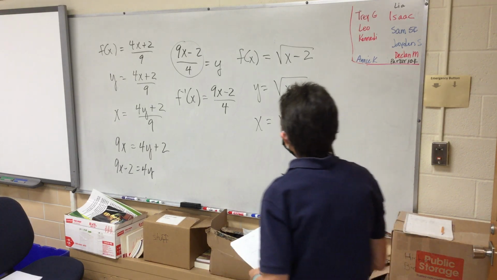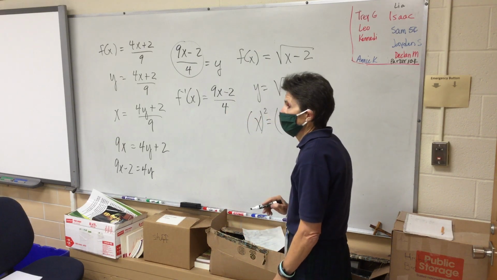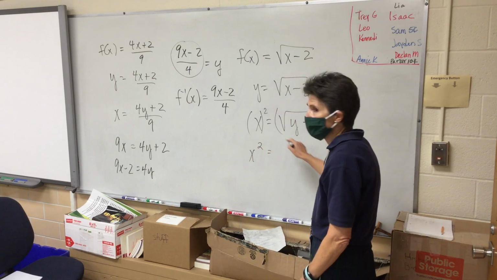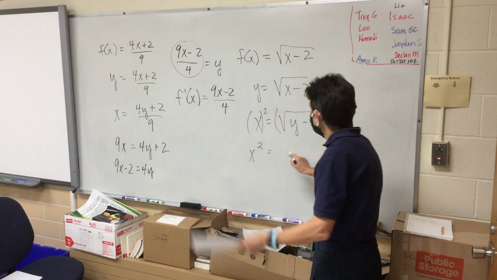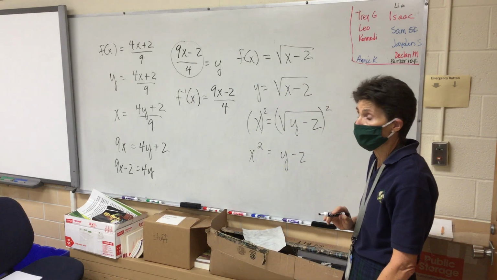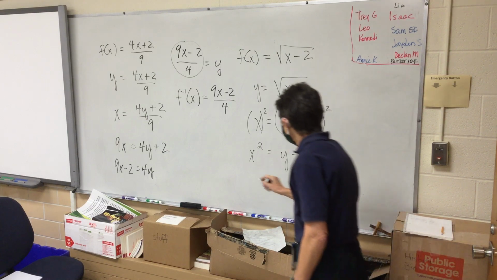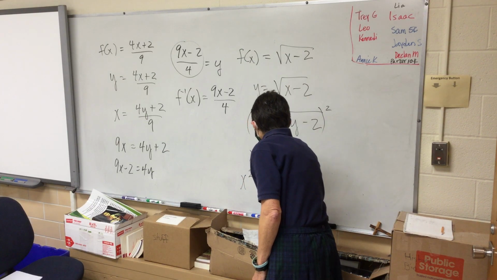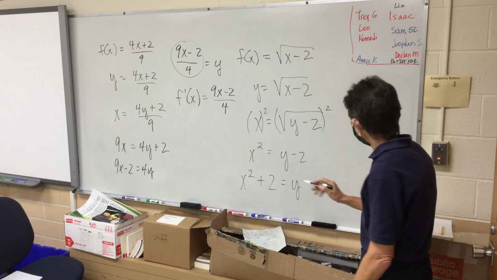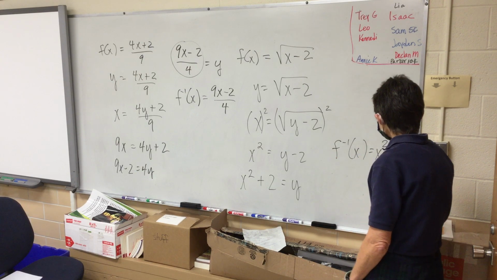Gotta square it. And when I square both sides, this is going to be x squared. What's this going to be? Y minus 2. Very good, because when you square a square root, it just disappears. And then what will we have to do to get y by itself? Add 2. And as soon as we do that, we have our answer. So the inverse is x squared plus 2.